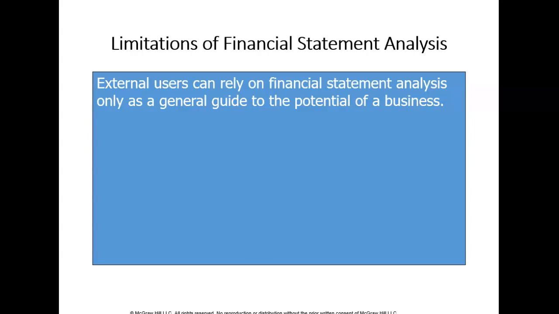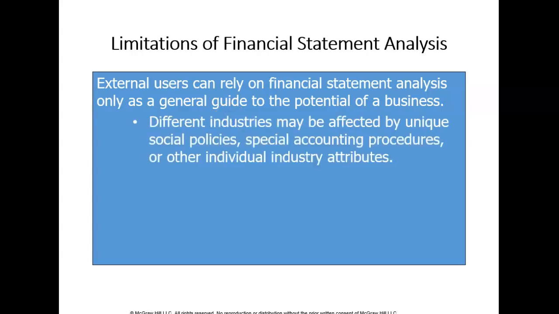However, there are limitations. So we're saying that these ratios are used as a general guide. So when you're trying to buy stock, I'm not saying to just use these ratios, but they could be part of your process. You should also do things and study those companies, look at their products, any type of pending lawsuits.